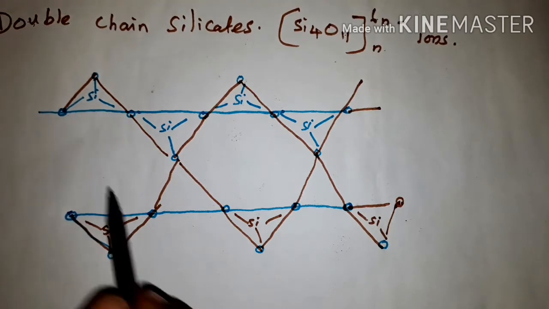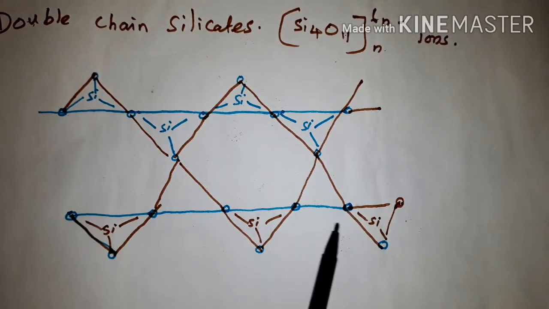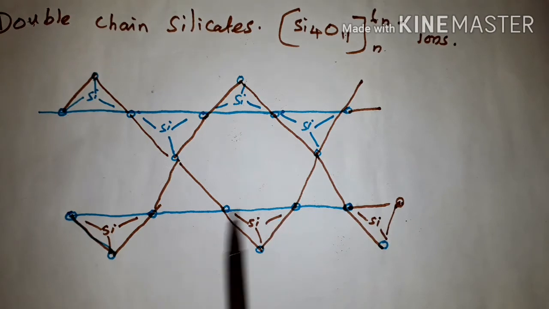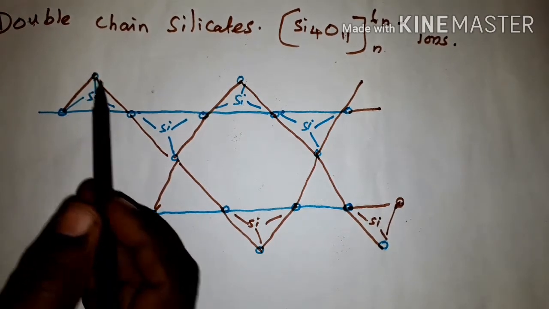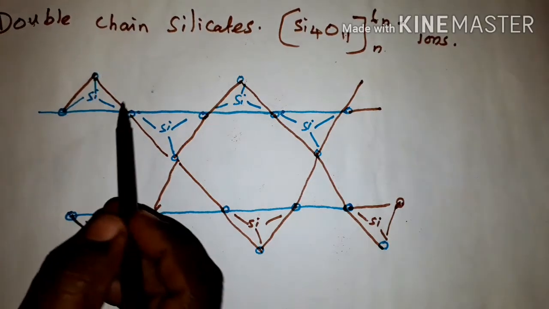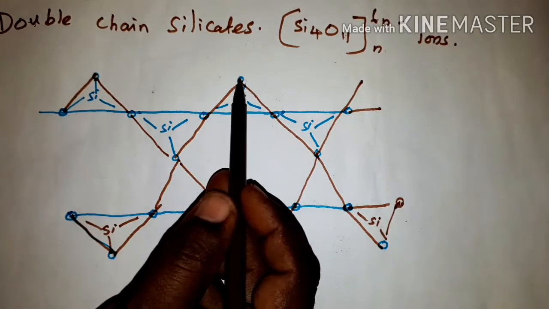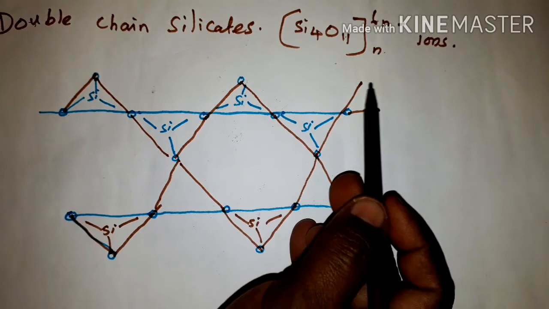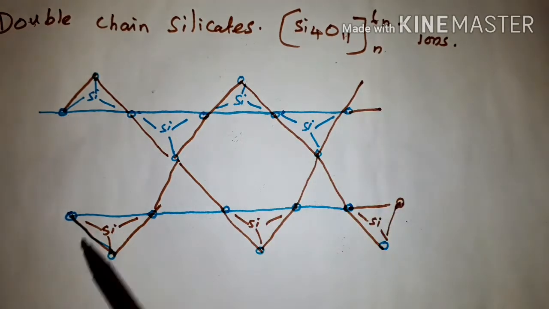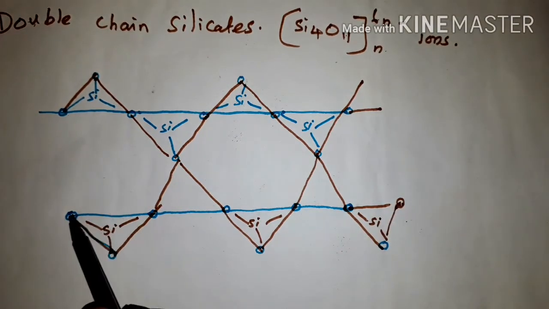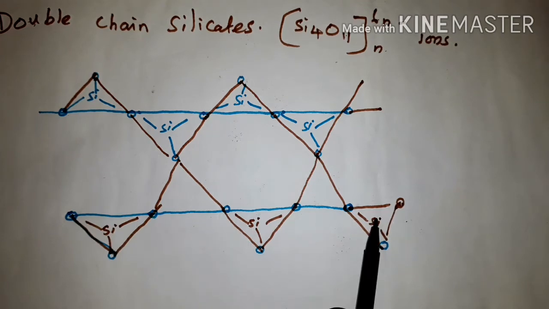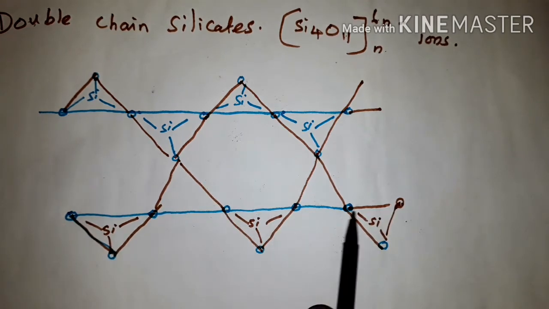Hope you understood. First make oxygen atoms in a line, that is a linear structure. Then write one oxygen atom in between these two oxygen atoms. Then alternatively write another oxygen atom, then at the alternate position write an oxygen atom. Here also, in the same way, make one linear line, then place the oxygen atoms.